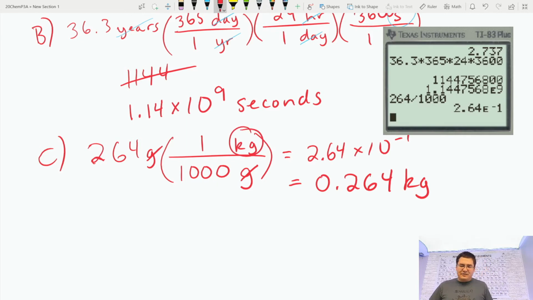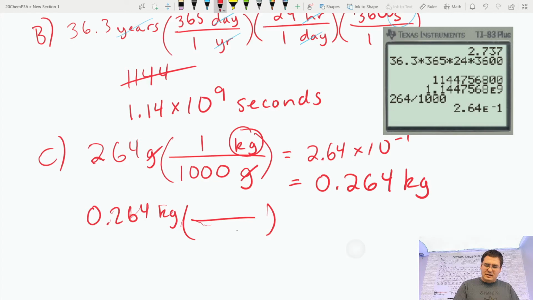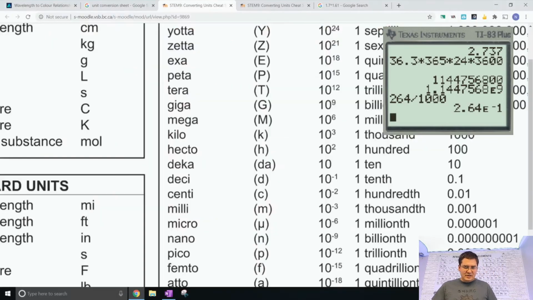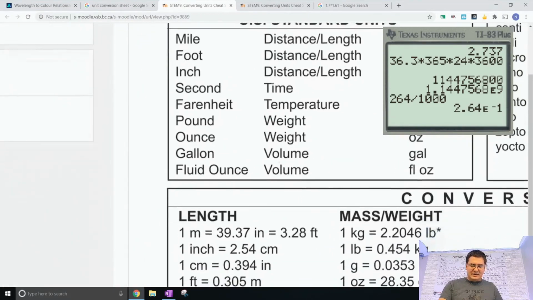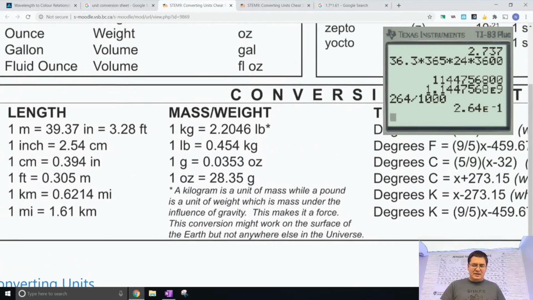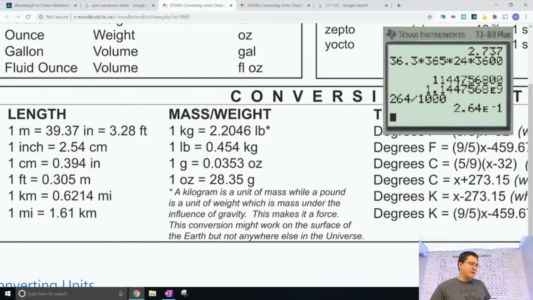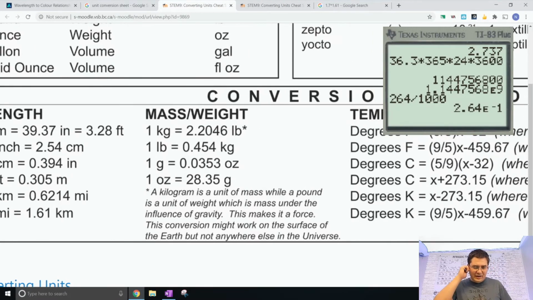And then the last, it says also to convert to pounds. So just go 0.264 kilograms, and I'm going to go from kilograms to pounds. I can go find, I think it's down at the bottom, length, mass, weight. I can go either direction. I have 2 of them here. I can go the 1 kilogram equals or the 1 pound equals.